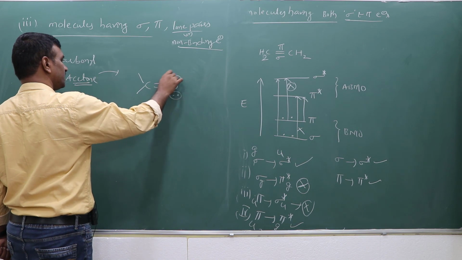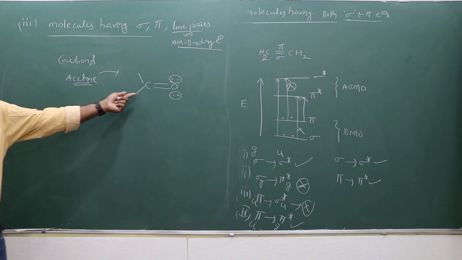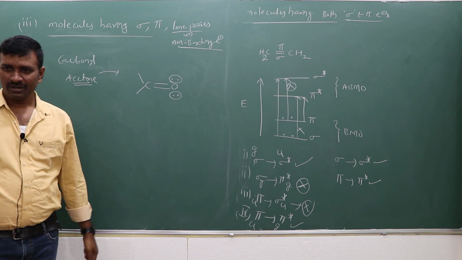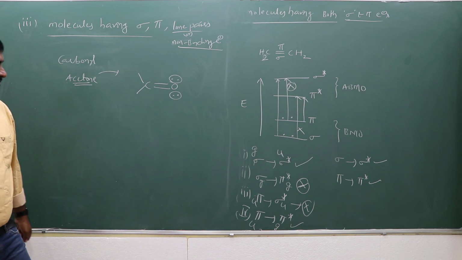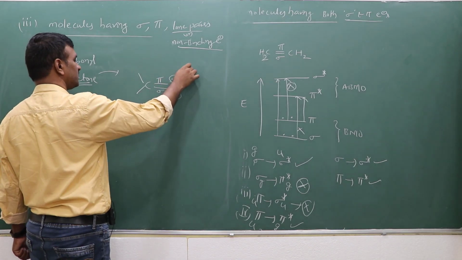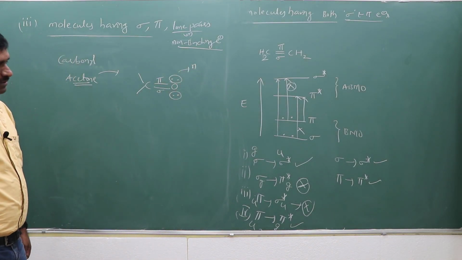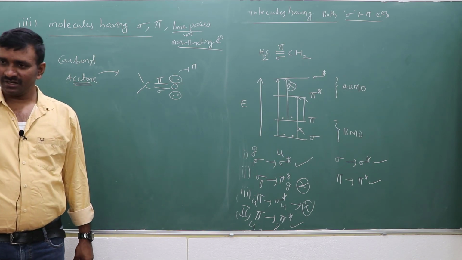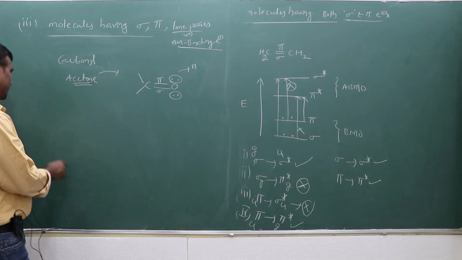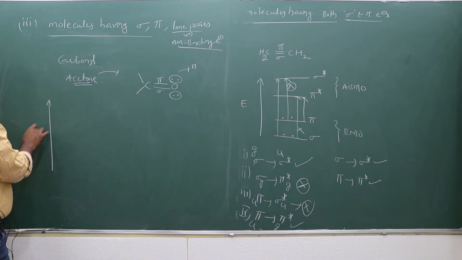Two lone pairs are there in the carbonyl chromophore of acetone, CH3 and CH3 C=O. Here we have sigma bonds, pi bonds, and lone pairs of electrons. Lone pair of electrons means non-bonding molecular orbitals. So here we have sigma, pi and non-bonding.